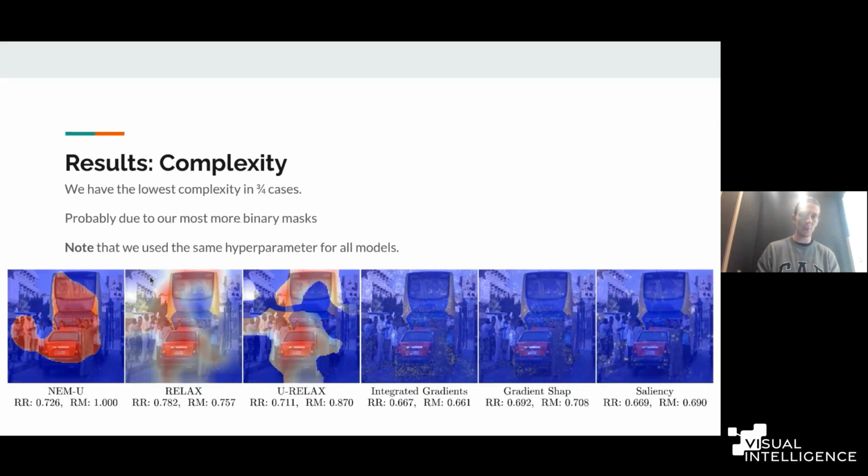In other words, if I remove the least important pixels according to this mask, I should see less impact on the representation or output of the model compared to removing the more important ones. So we just check whether the relevancy given by the mask, the explanation, is correct according to the output of the model.